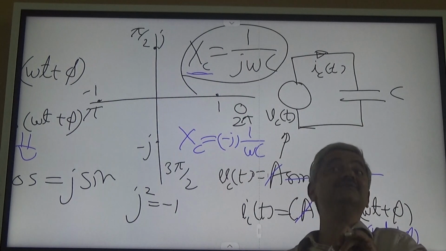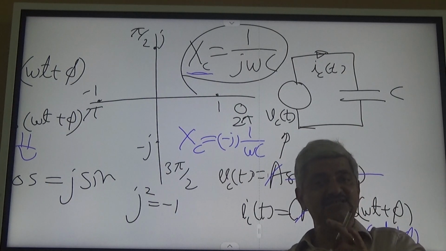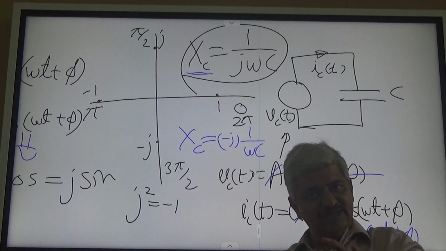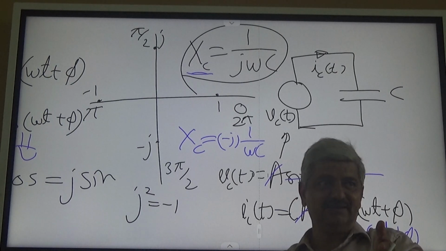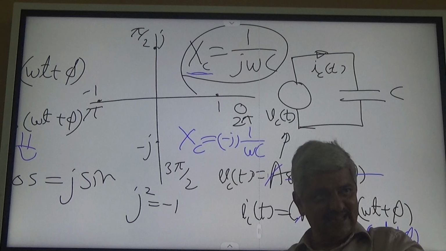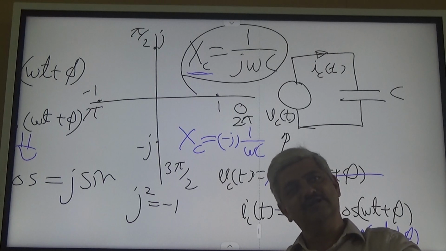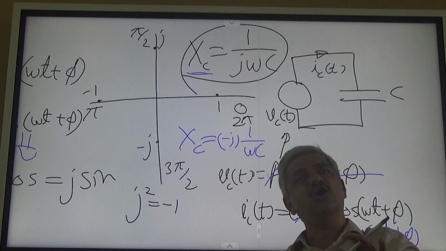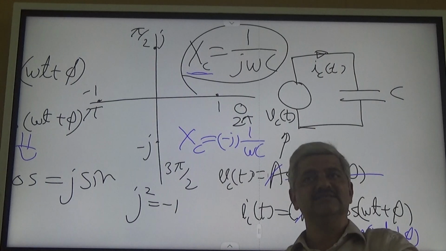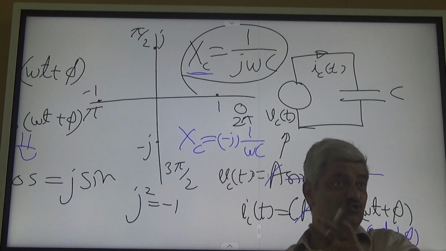Why? Because the relationship of differential as a multiplier in terms of J is applicable only in case of sinusoidal input. In case of non-sinusoidal input, we cannot establish a relationship between voltage and current so easily.